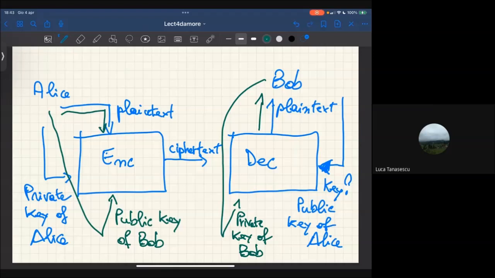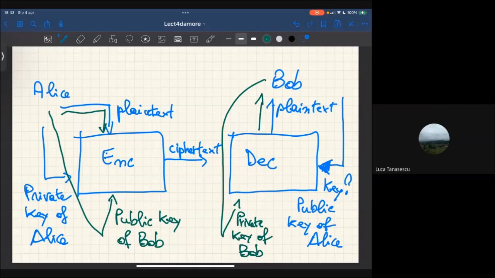So we see that while using public key encryption, we can get a first type of ciphertext that is not implementing confidentiality. The second type of encryption is implementing confidentiality, because only Bob can decrypt. But what is important is the fact that no key should be shared, like in the symmetric key approach.